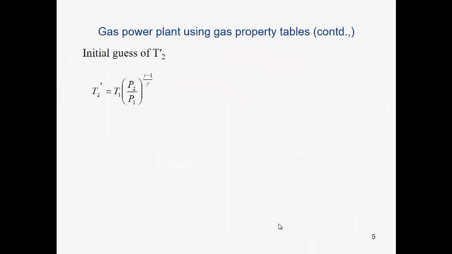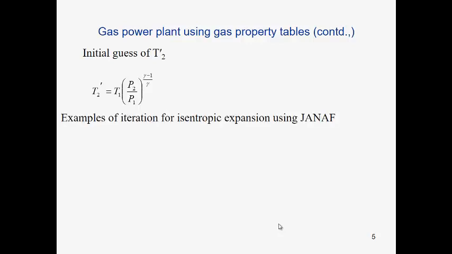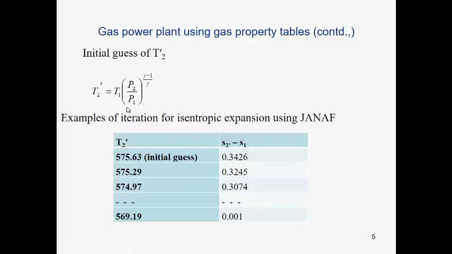After finding the isentropic efficiency, the first step, the exit temperature of air after isentropic compression can be determined by assuming an initial exit temperature.